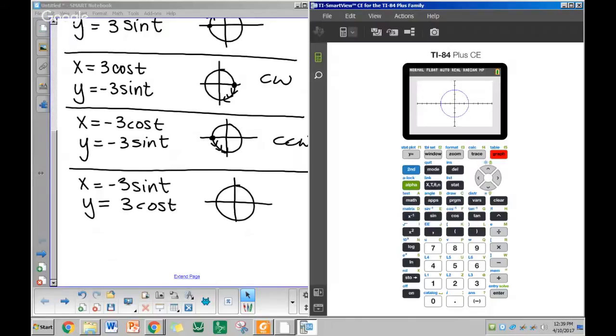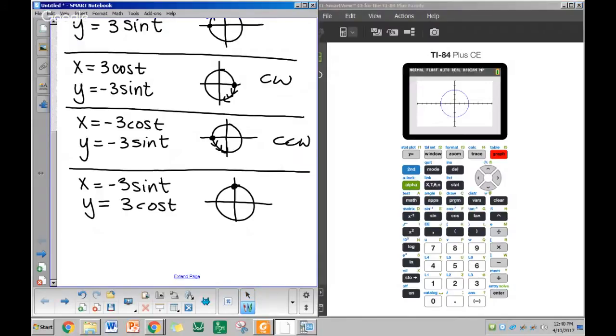It started at the top, and it went what direction? Counterclockwise. What could I do?